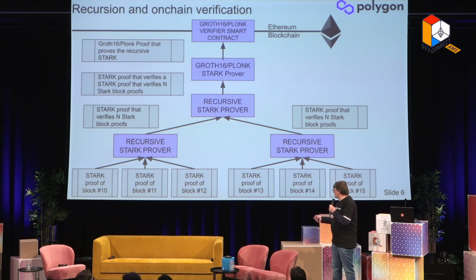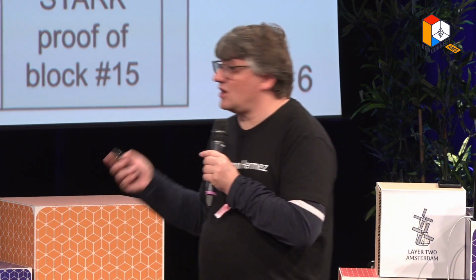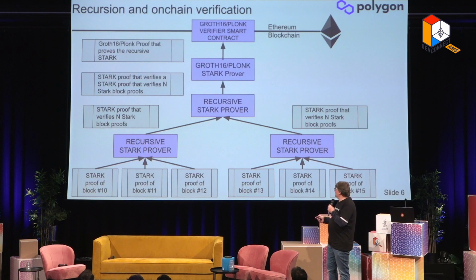And this recursive structure gives us all the scalability, because you can build all these proofs in parallel, and then aggregating them is quite cheap. So this is very much the structure that we are building. But of course, this is a processor.